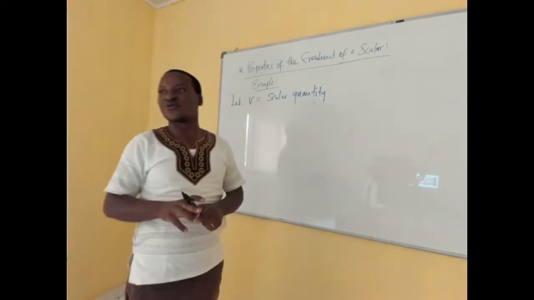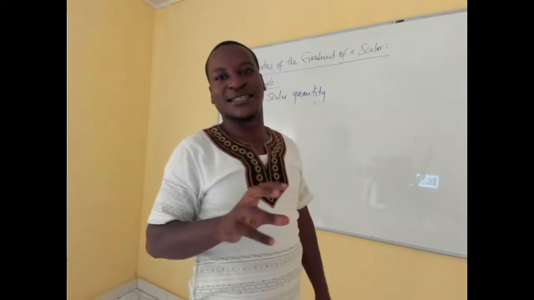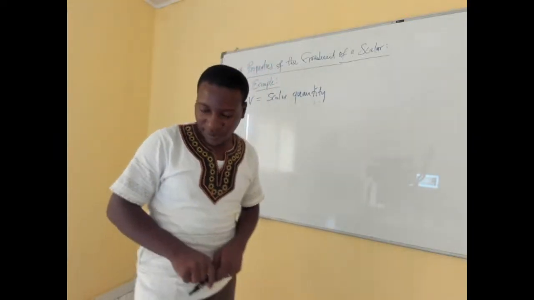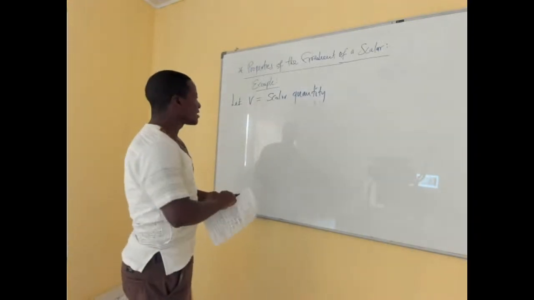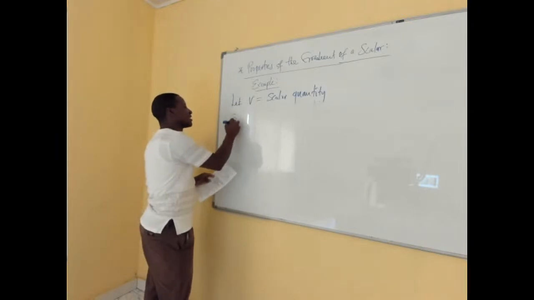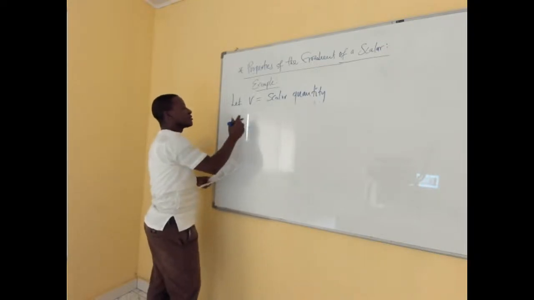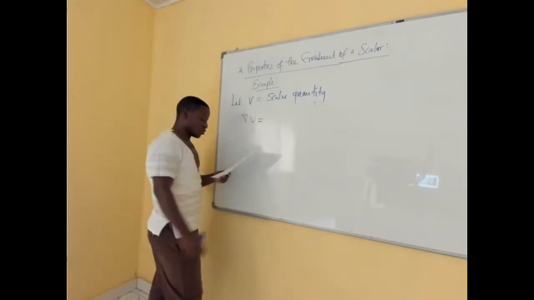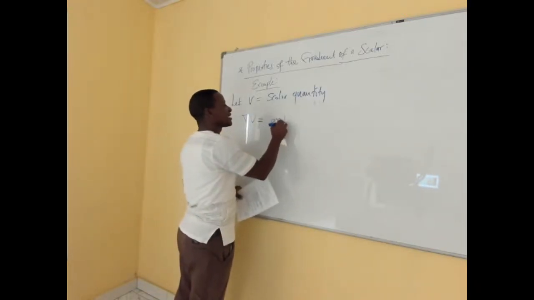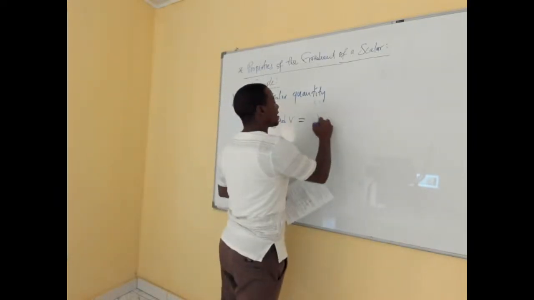Now, we have said that let V be equal to a scalar quantity. So we want to have our del operate on this scalar quantity V. It means that the del of V, which is the same as the gradient of V, is equal to a vector quantity.